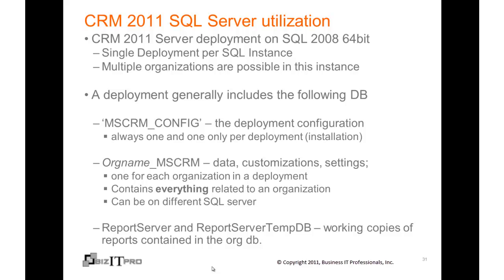Basically everything related to an organization. And this can be on different SQL servers than the deployment. And finally, Report Server and Report Server TempDB are working copies of reports contained in organizational databases for SSRS, but they do not need to be backed up as part of the CRM backups.